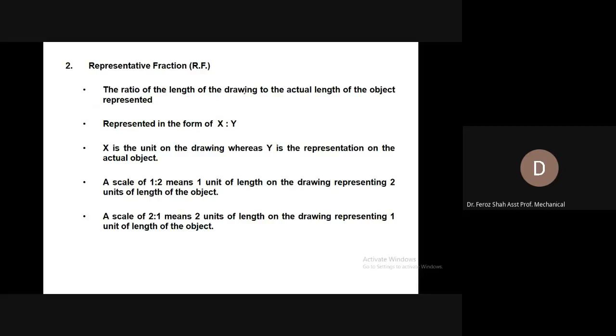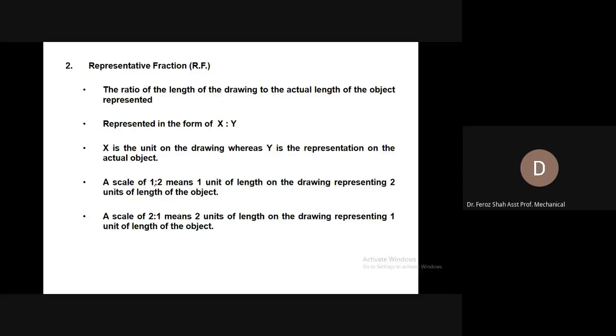It is the ratio of the length of the drawing to the actual length of the object represented. And the representative fraction is represented in this form x ratio y, where x is the unit on the drawing, whereas y is the representation on the actual object.